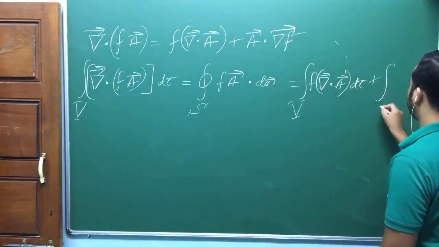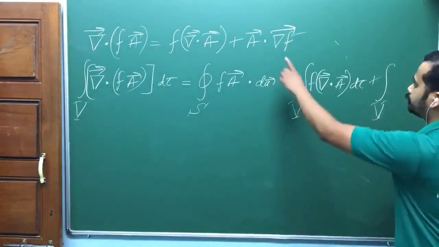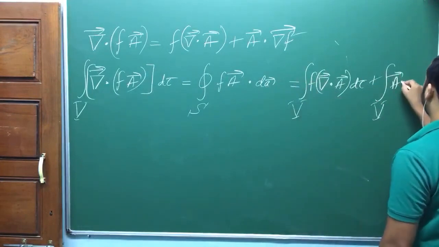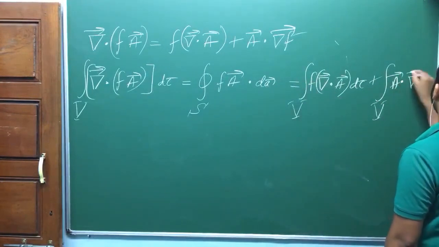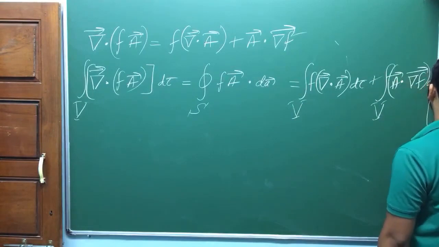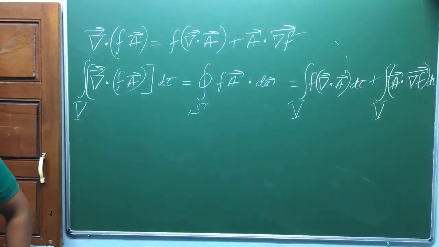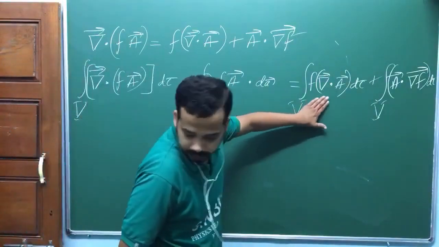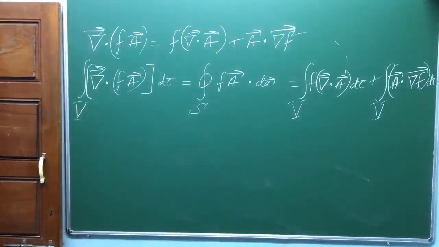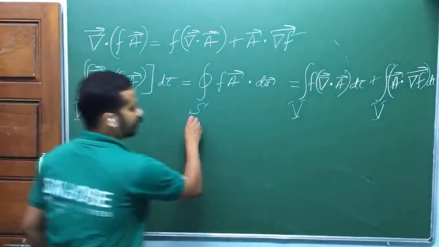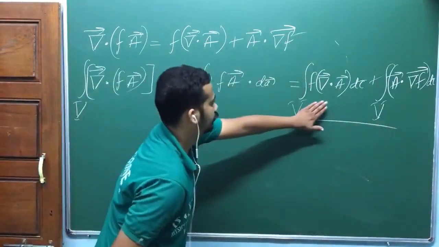Plus the volume integral of A dot del F d tau. From this expression, I think he will solve it for F del dot A d tau.